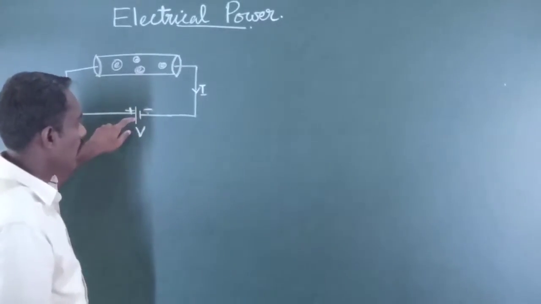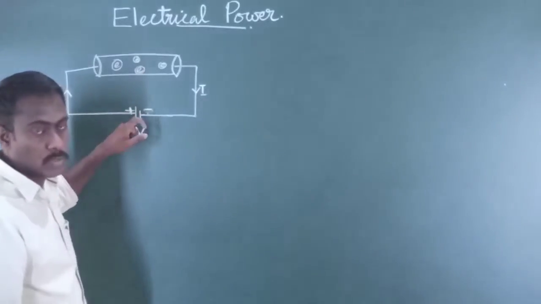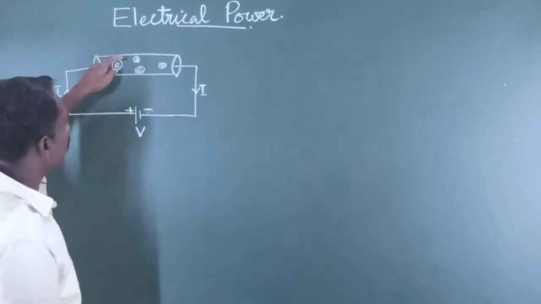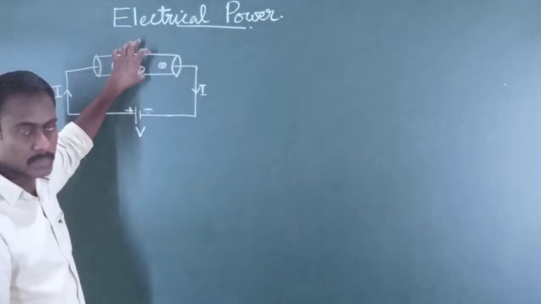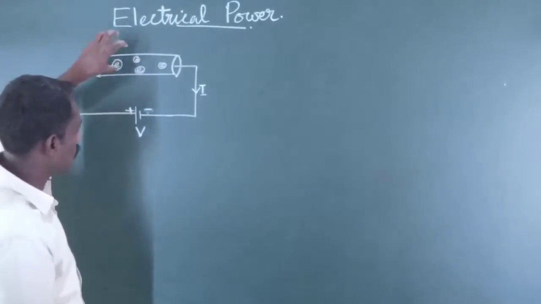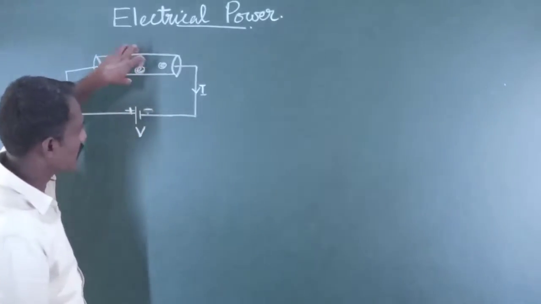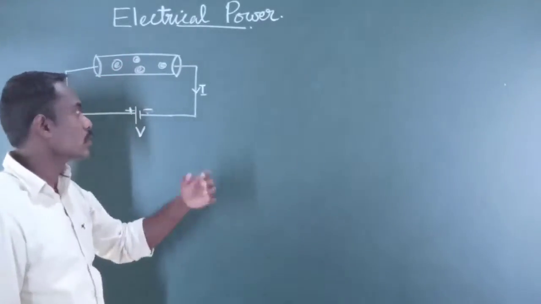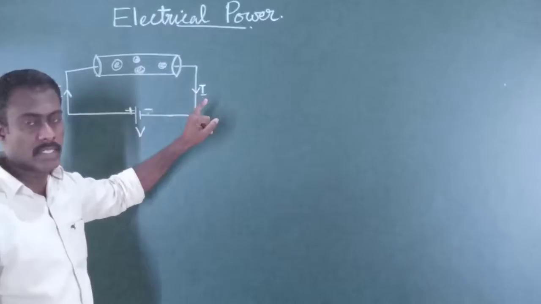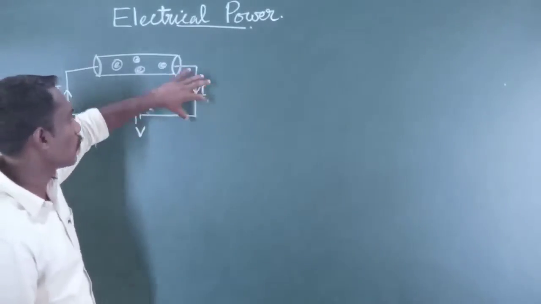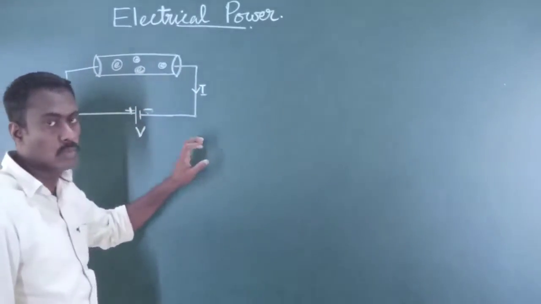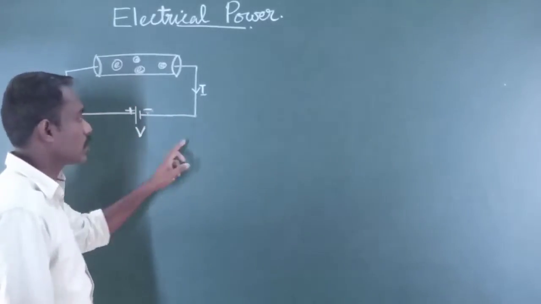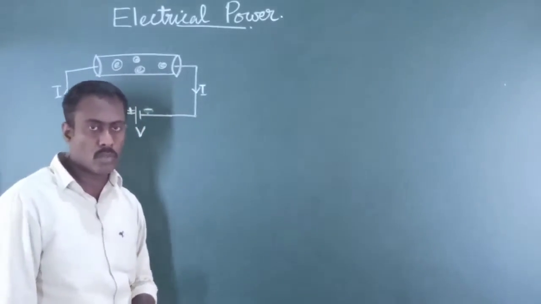Due to the applied voltage, an electric field is produced inside the conductor, and it exerts a force on the negative particles, that is the electrons, and that force makes the electrons move through the conductor, which leads to the flow of electric current.